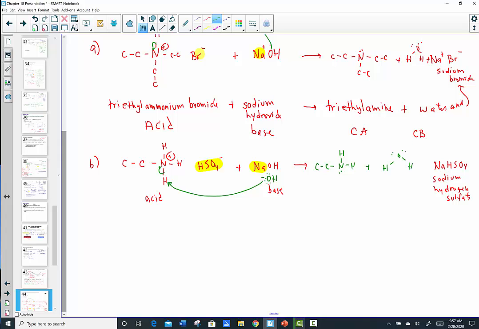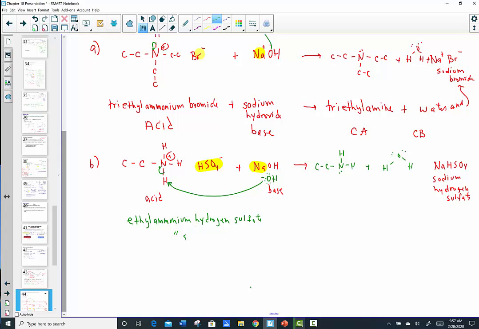That's a water molecule. So here in our letter B, we had ethylammonium hydrogen sulfate. Just practicing nomenclature every chance we get as well.